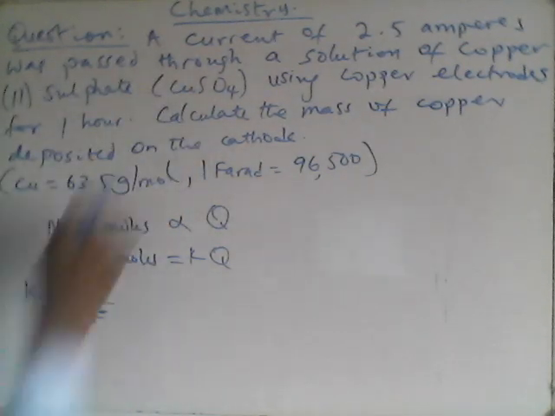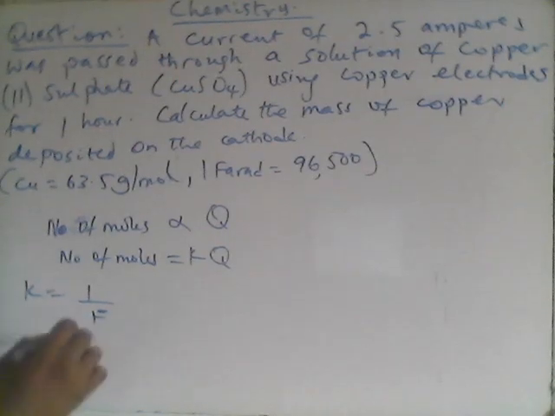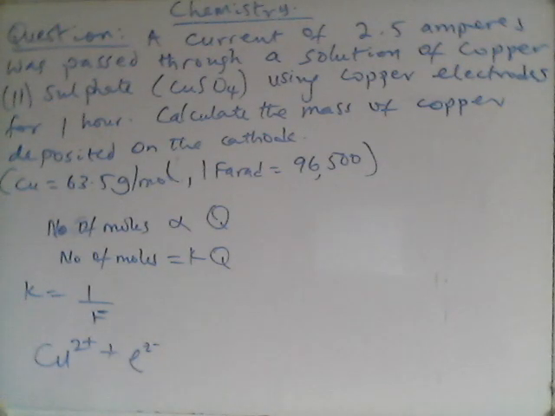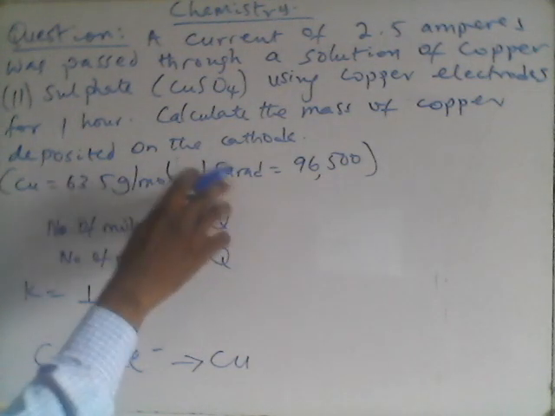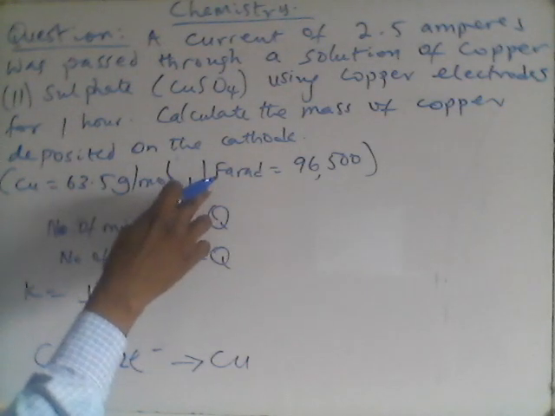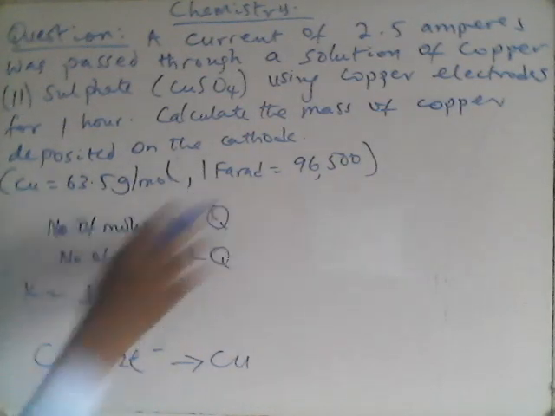If I write the ionic formula, I have Cu2+ adding 2 electrons at the electrode to become copper deposited. Because it is 2, my Faraday constant will now be 2. One of it gives 96,500, so 2 of it will now give 193,000.